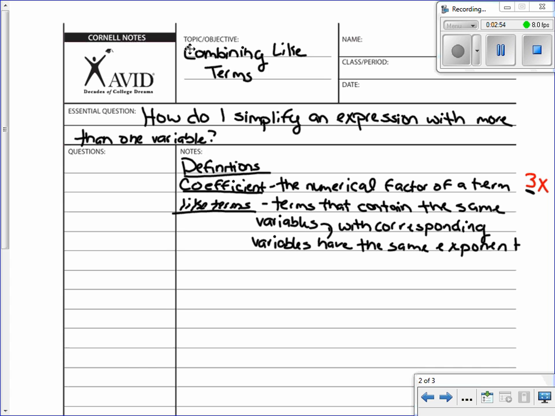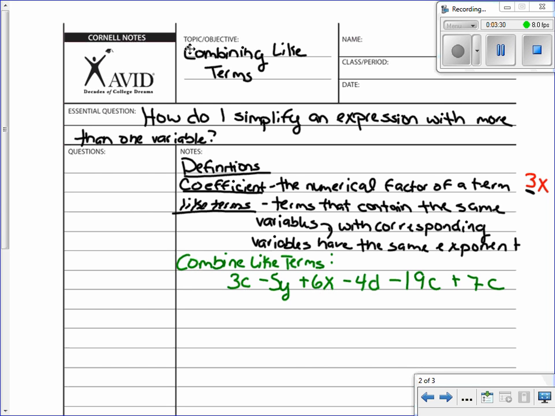Okay, so here is how we combine like terms. If we have the expression 3c minus 5y plus 6x minus 4d minus 19c plus 7c, we want to know, how can we simplify this?